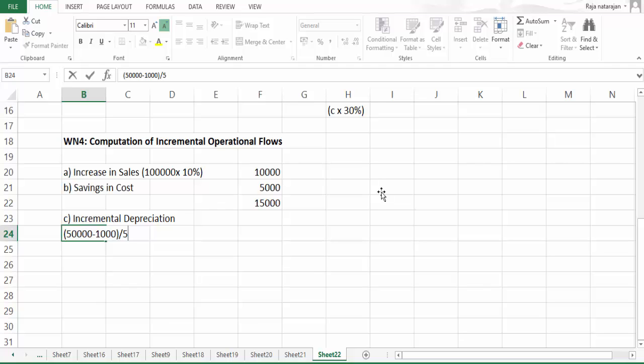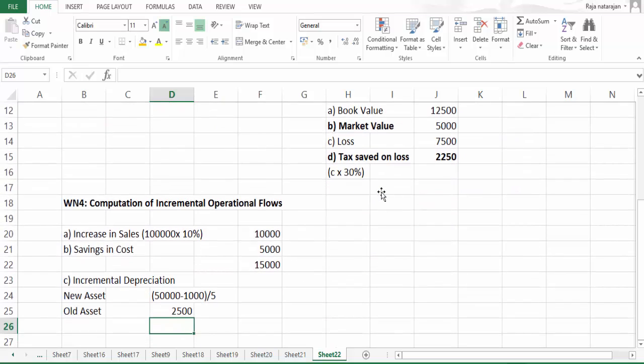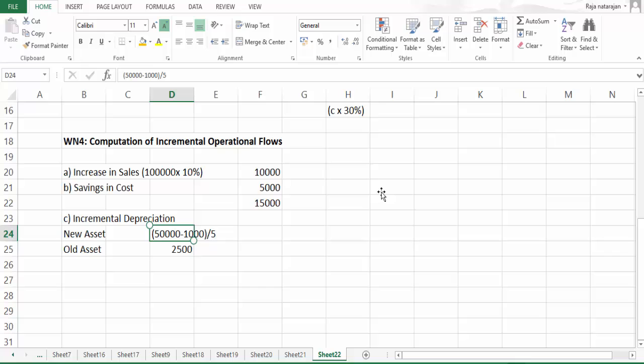Okay, that's going to be the depreciation on the new one. And we are bothered about the incremental. So on the new asset, this is the depreciation, and on the old asset, we have already calculated, it will be 2,500 per year for the next 5 years.